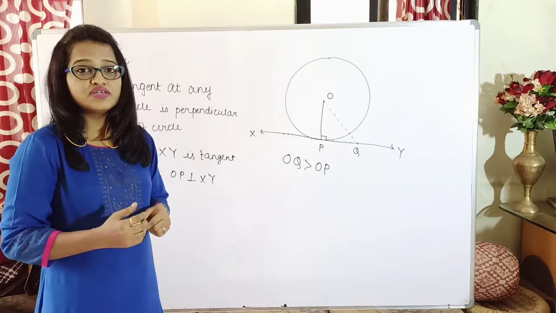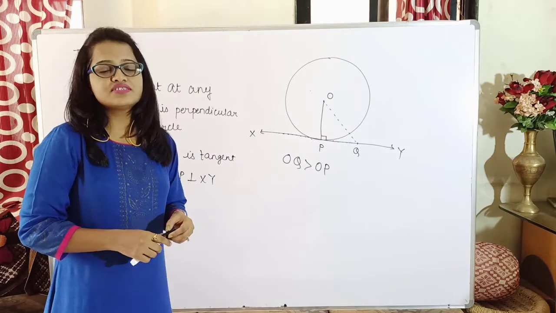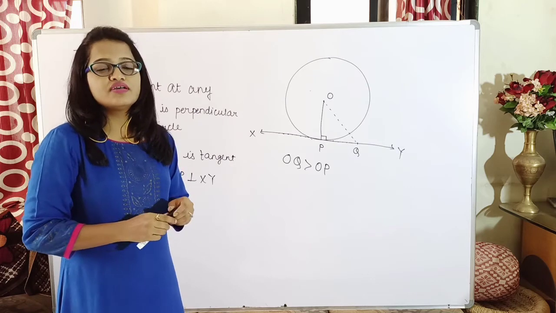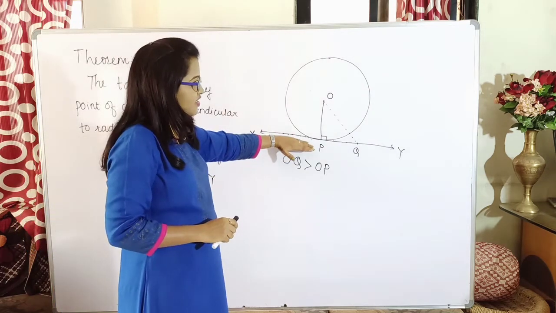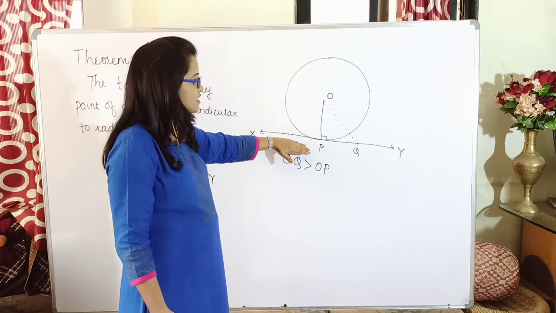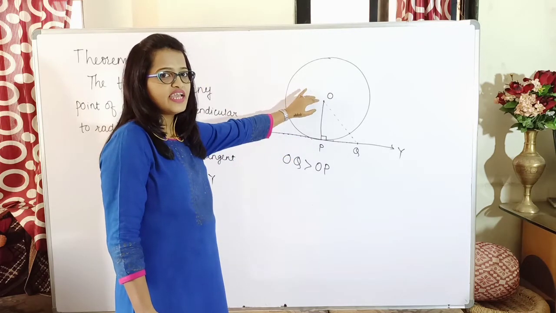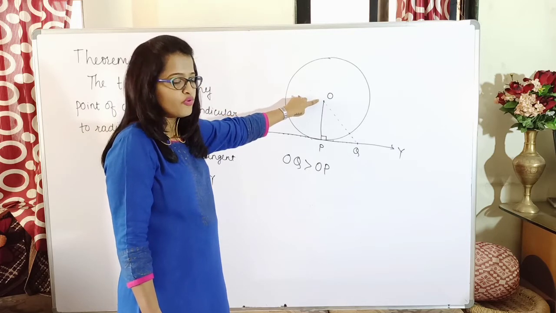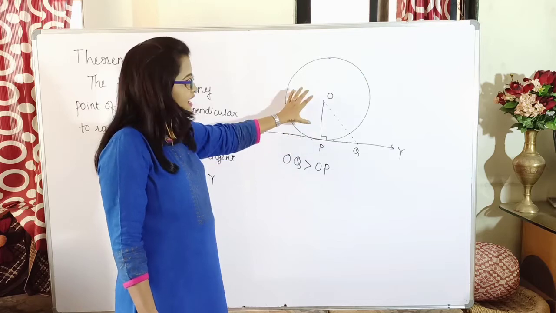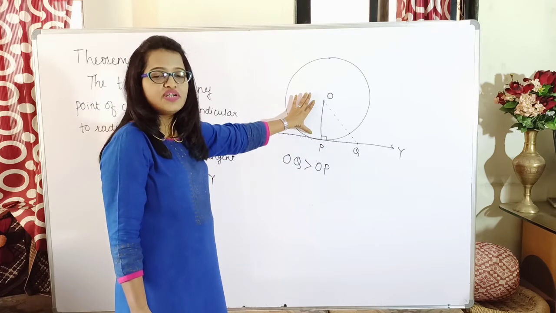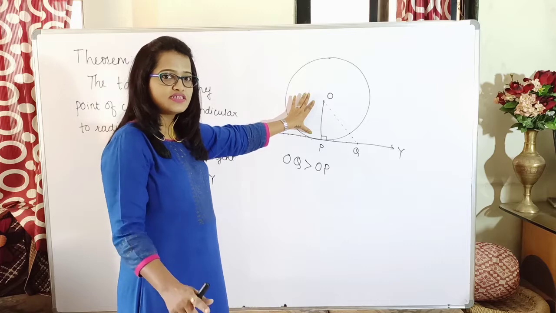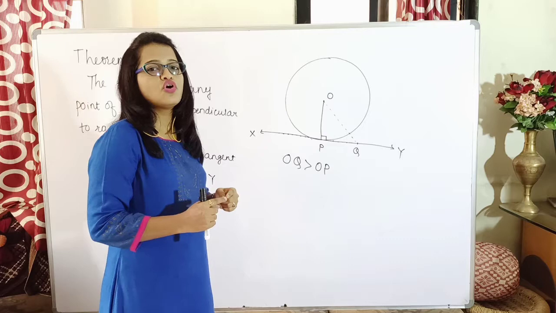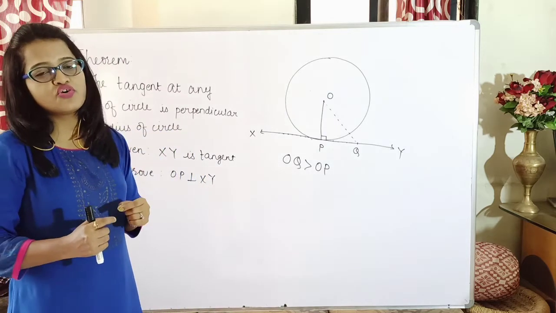One concept which you have learned is that the shortest distance is always the perpendicular distance to that line. Meaning, if I have to find how far XY is from point O, I will draw a perpendicular line from point O on XY, and this perpendicular length will tell me the distance. So by that concept, the shortest length is always the perpendicular distance to the line.